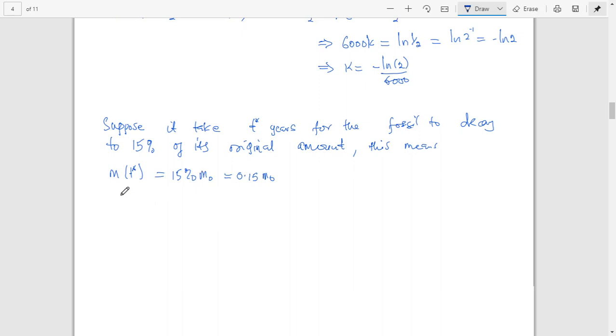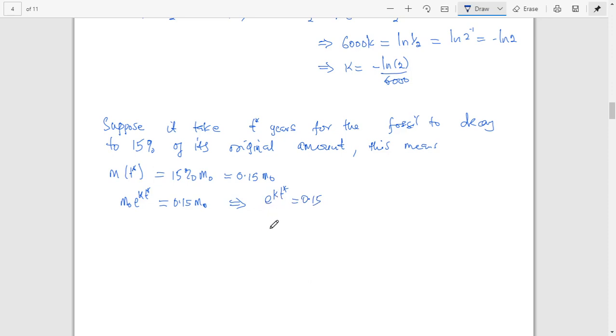This implies my m of t star, if I plug it into the formula for exponential decay, would be m naught e to the k t star. And we say that this is equal to 0.15 m naught. Now, since m naught is not 0, we can cancel out m naught from both sides to get that e to the k t star is equal to 0.15.